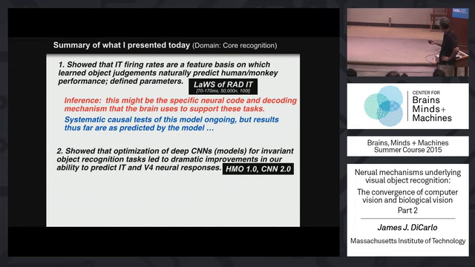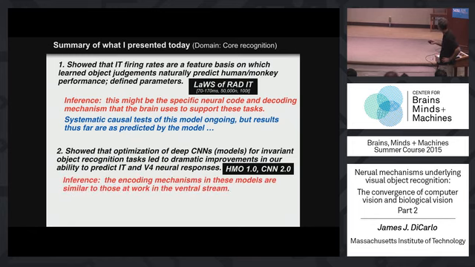The second point was I showed that optimization of deep CNN models for invariant object recognition tasks led to dramatic improvements in our ability to predict IT in vivo responses. I showed you our model HMO, but then the convolutional neural networks in the field have already surpassed our predictive ability on our own data. And so the inference is that these encoding mechanisms in these models might be similar to those that work in the ventral stream.